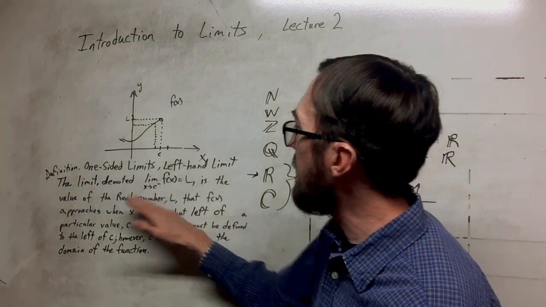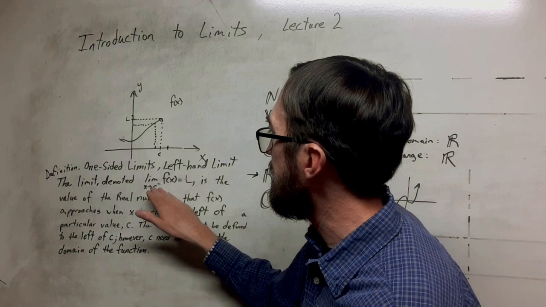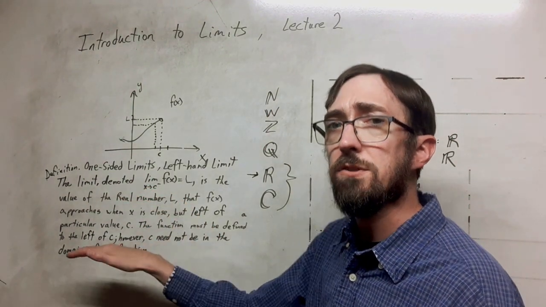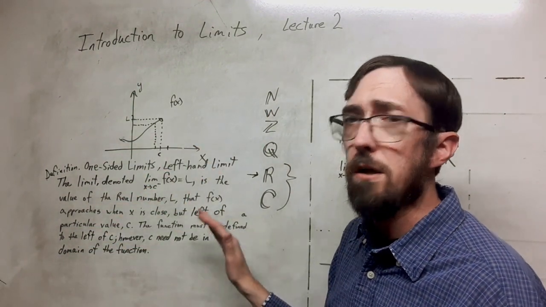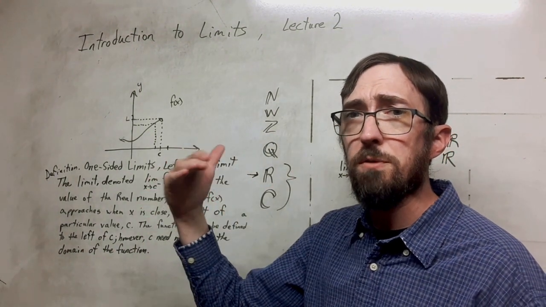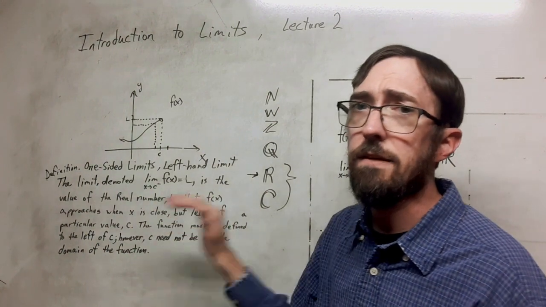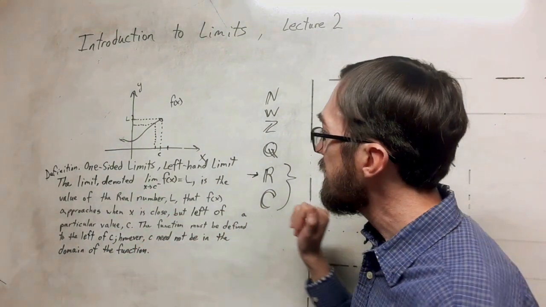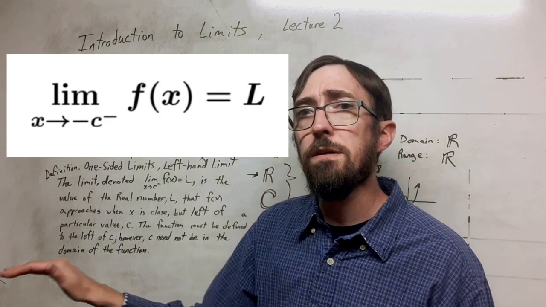All right, so this is not negative c. This negative indicator is on the other side of the term here, and it's in the superscript position. So this is not negative c specifically, though we could approach a negative real value.